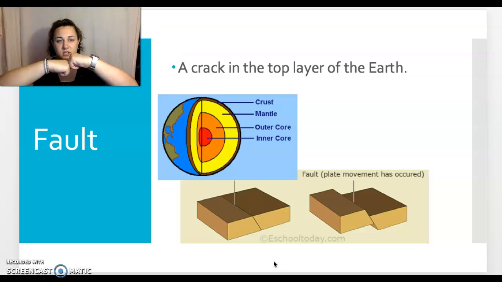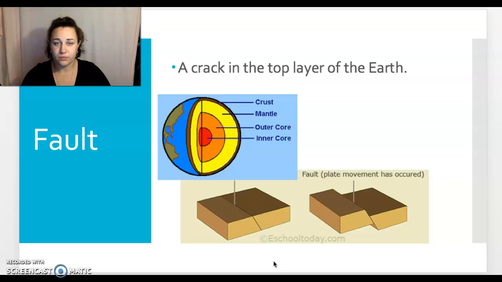It's when they shift and they move, and when they move, they cause the whole ground to shake. Okay, again, we're going to spend a whole day on earthquakes, so we'll talk more about faults and where we see earthquakes, what they can do. Again, also like a volcano, they can be very dangerous. So we'll look at all that.